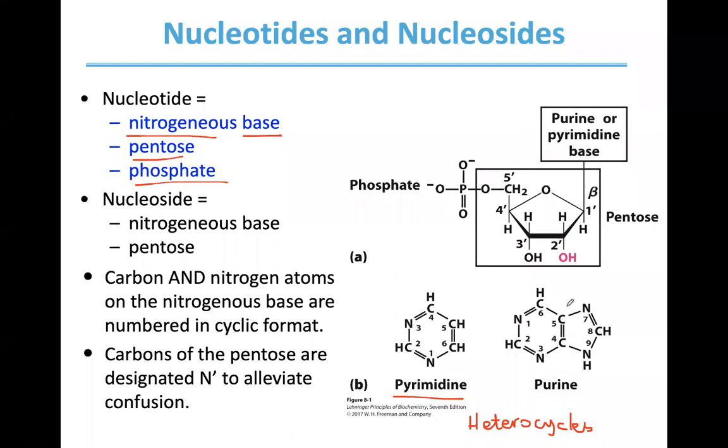Remember the name of the heterocycle in histidine? The name of the heterocycle in histidine is imidazole. Imidazole. So purine is actually a fused ring structure, which is a combination of a pyrimidine and imidazole.